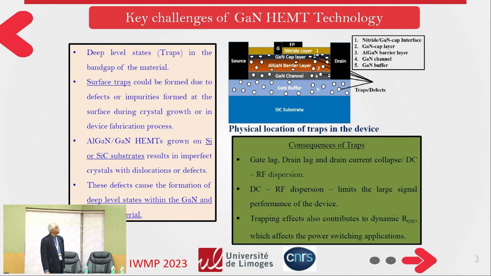Surface traps could be formed due to defects or impurities formed at the surface during crystal growth or in the device fabrication process. On the right side, I also put the possible physical locations of traps in the device. The main consequences of traps are gate lag, drain lag, drain current collapse, and DC-RF dispersion. Trapping effects also contribute to dynamic error, which affects power switching applications.